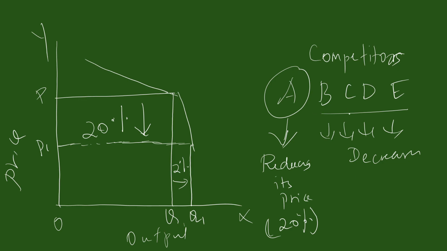B, C, D, and E have observed A and have also decreased their price. So there is a large decrease in price but only a slight increase in quantity demanded. That is why above the market price the demand is highly elastic, and below the price it is inelastic.